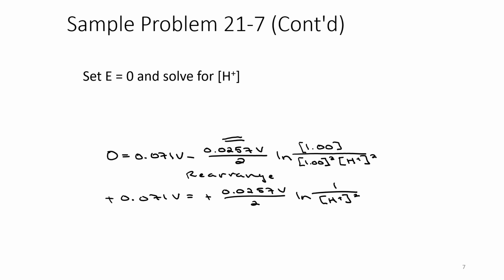So we can make both sides positive. And we're going to end up with 5.525 is equal to the natural log of 1 over H plus squared.